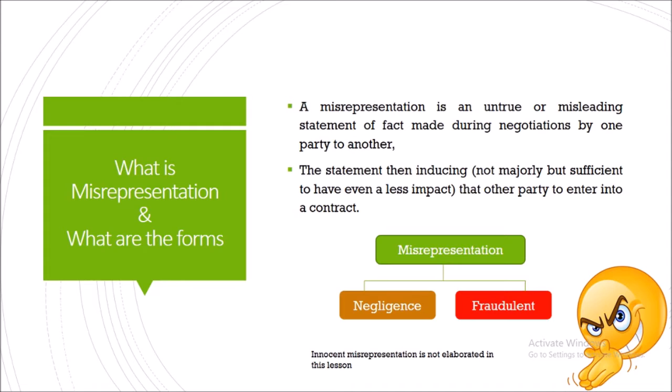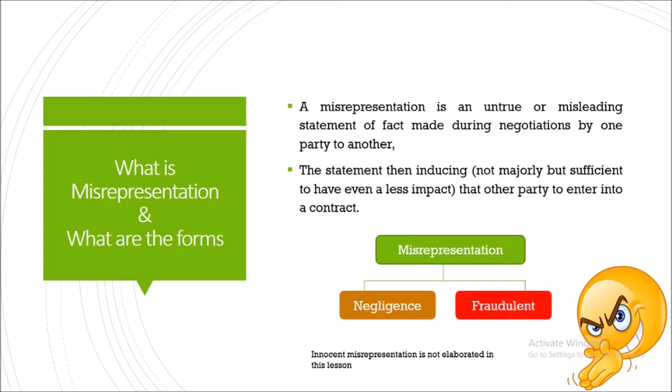So it's an untrue or misleading statement of facts made during the negotiations by one party to another. Often these things happen from the seller to the buyer. As an example, we'll come to a case study later. But of course, the party who buys a product is always considered an ignorant buyer who doesn't have sufficient knowledge about the particular product, right?